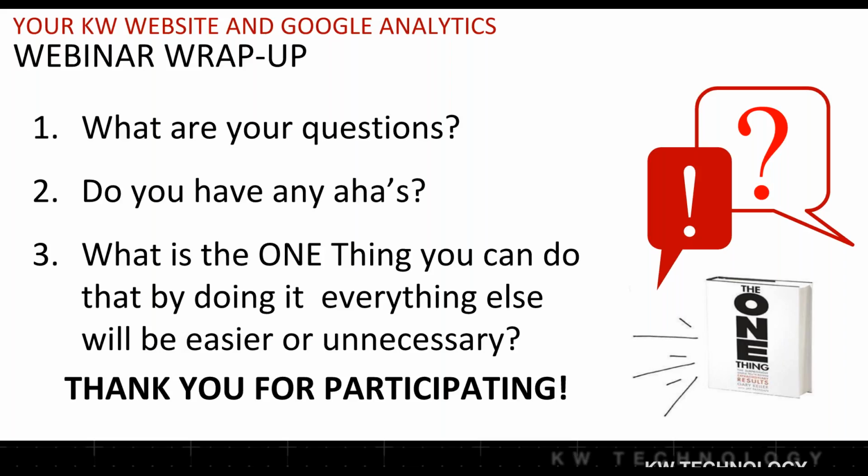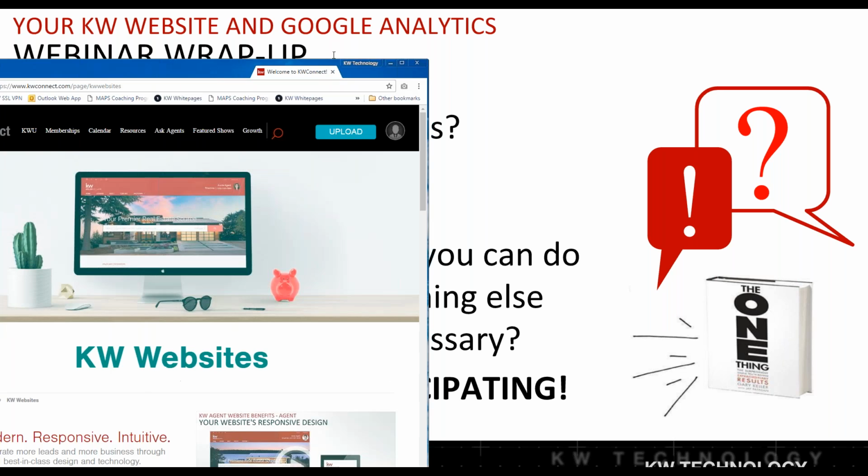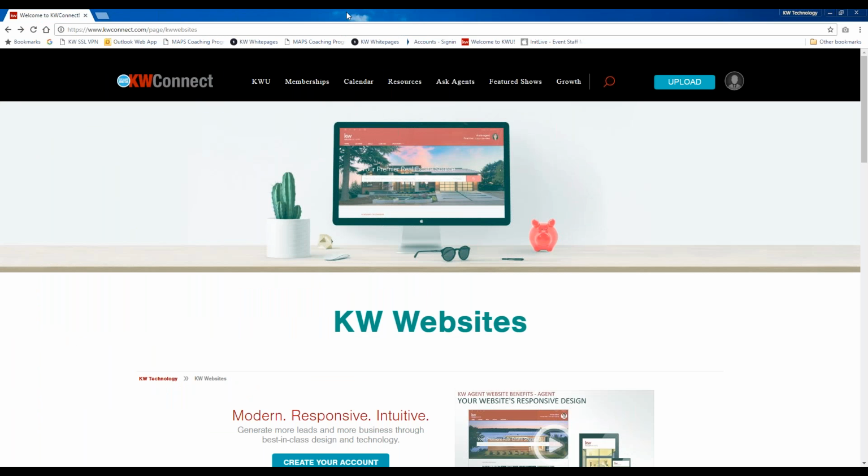The webinar is being recorded, so it will be available on KW Connect. Let me bring up that screen for you so you know where to find all the recorded webinars. By the way, the slides that we've just shown are in the handout section of your GoToWebinar control panel, so you're able to download a PDF of the slides with supporting speaking notes, so it kind of turns into a manual for you.